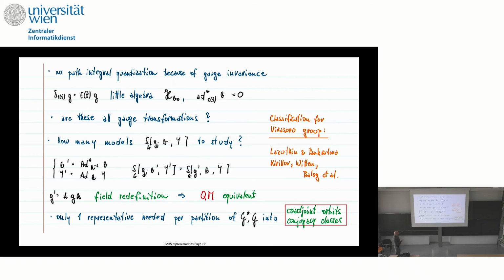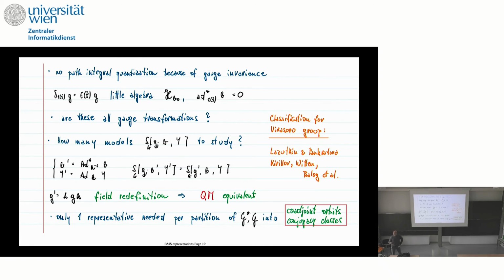Okay? And then you have to ask the question, as always, are these all the gauge transformations? Of course, it's not enough to see that you have gauge invariances, you want to have all of them because you need to quotient by everything if you want to quantize. And so that's one question. There is another question that you can ask, which is, suppose you change this B and you use another B which lies in the same coadjoint orbit.